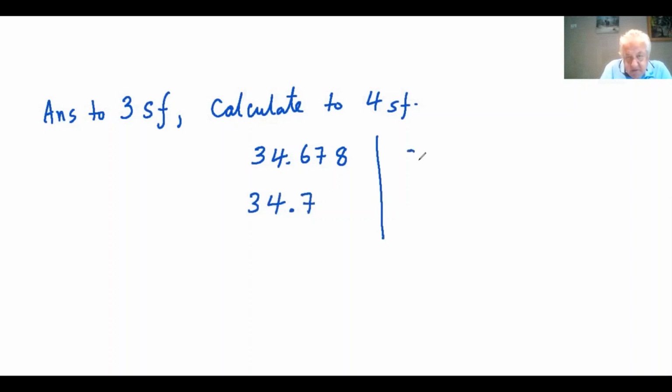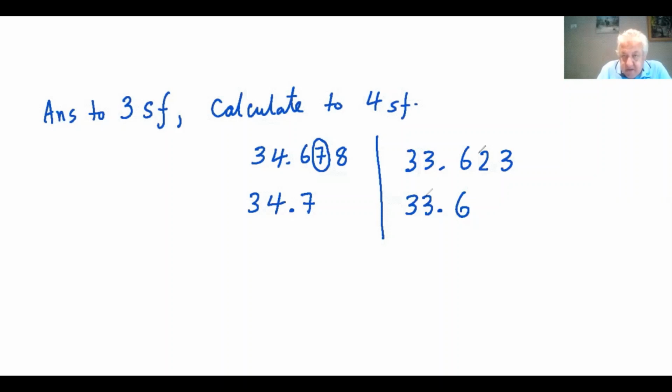If I do another one, again this is in 1, 2, 3, 4, 5 significant figures. I want my answer to 3 significant figures. So it becomes this. Now the rule is this. If I want my answer to 3 significant figures, I look at the 4th figure. If it's 5 or above, I add 1.